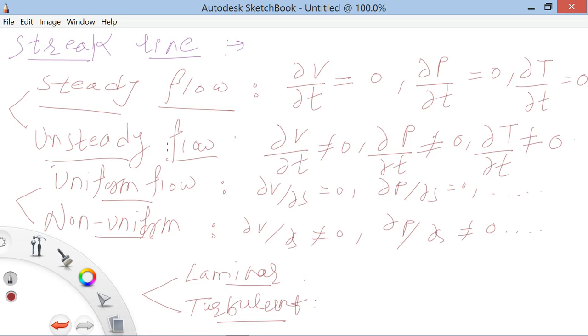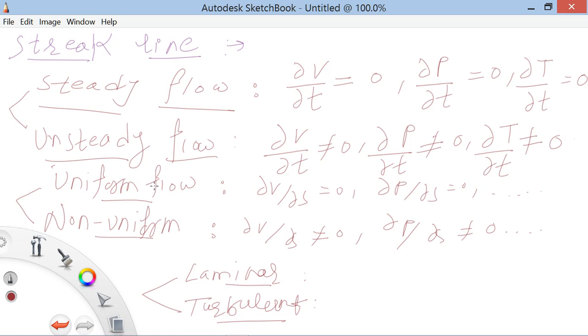When the various fluid particles move in layers, the various layers of that fluid will touch each other and slide smoothly one over the other, and that type of flow is the laminar flow if these are all parallel to each other.